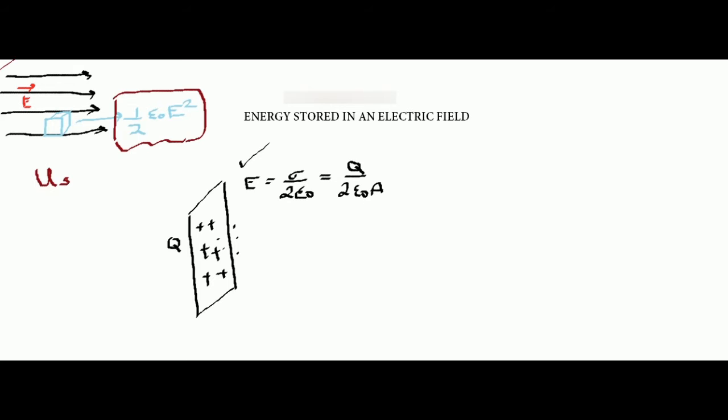Now I'll do something interesting. You know that the electric field produced by this sheet is sigma by 2 epsilon naught, that is, charge divided by 2 epsilon naught A. What if I place another sheet very near to this sheet, carrying a negative charge minus q?